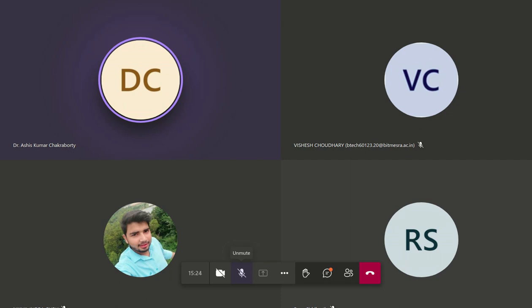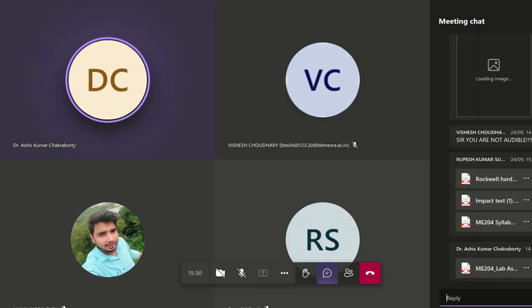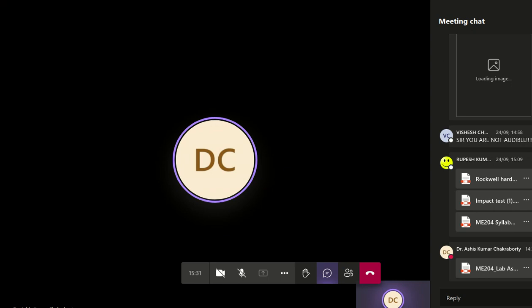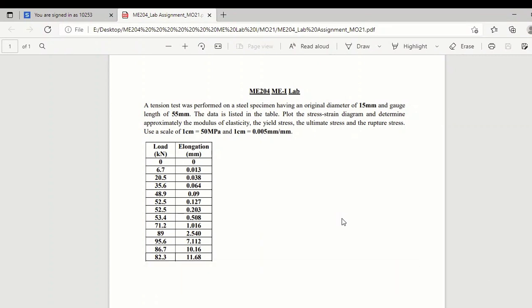So I can show you. This is the problem. The tensile test was performed on a steel specimen having an original diameter of 15 millimeter and gauge length of 55 millimeter. The data is listed in the table.